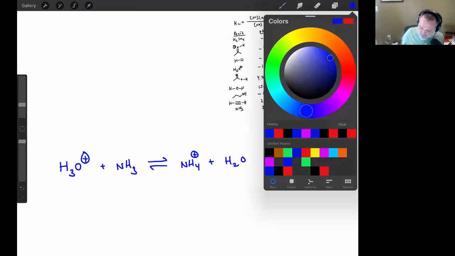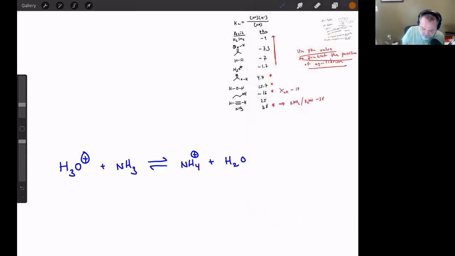So the first thing I want to do is identify the acid on the reactant side, and identify the base. Then I can identify its conjugate acid and its conjugate base.